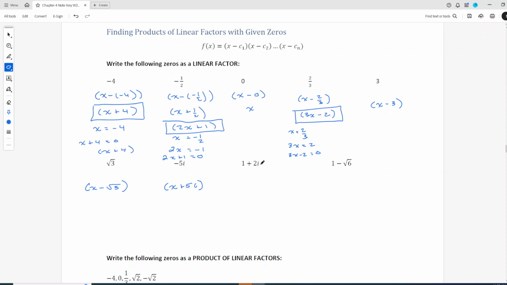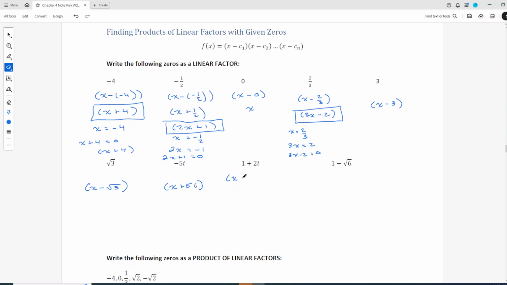Then we get into these ones. Now these are going to be the solutions we get when we come down to a quadratic that we have to solve by either the quadratic formula or completing the square. So we get these, 1 plus 2i or 1 minus 2i, and then 1 minus root 6 or 1 plus root 6. Now again, you can do it the same way. You have two choices.